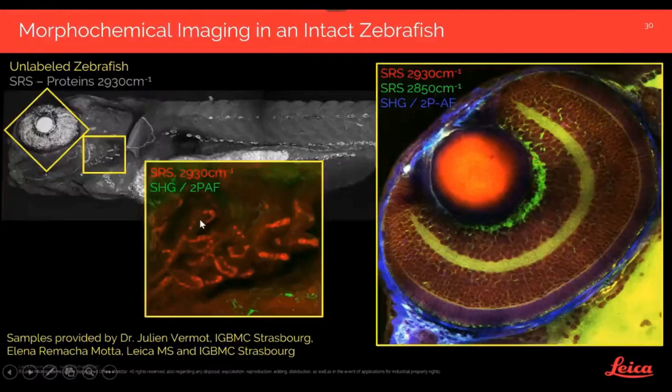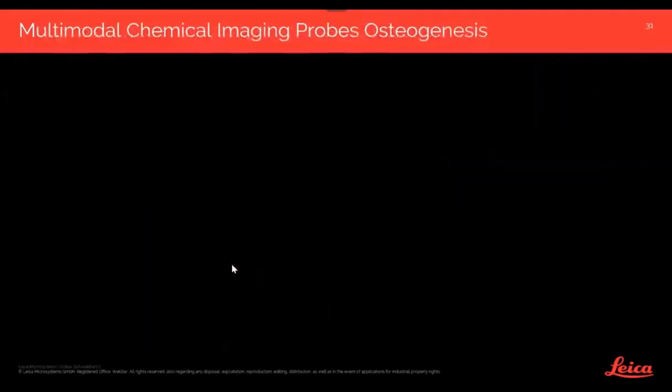We can look, of course, at different regions in this model organism, and I just want to highlight one. We can see here individual blood cells in the vasculature in the vicinity of the heart. Looking at individual blood cells and even moving blood cells is a possibility using vibrational imaging.